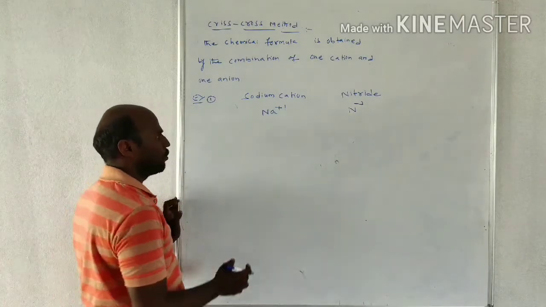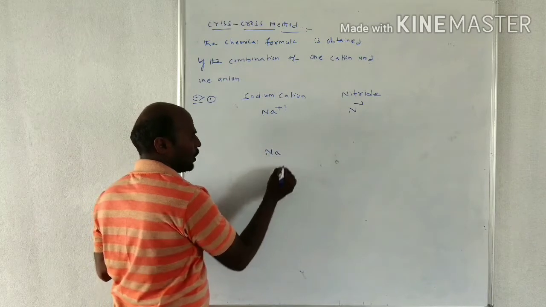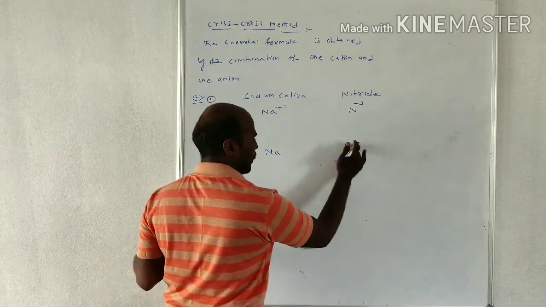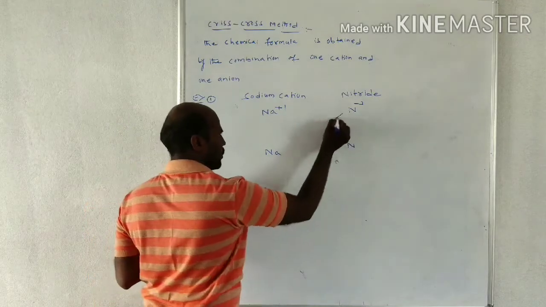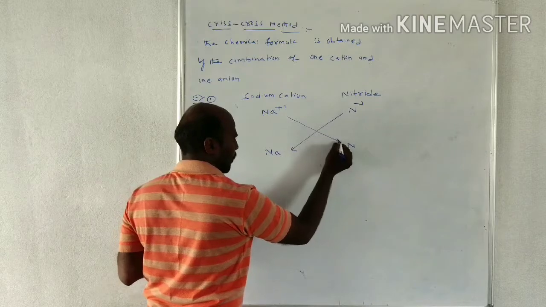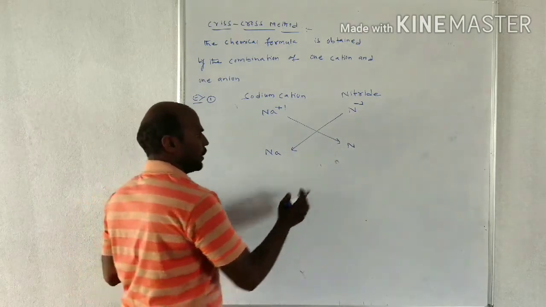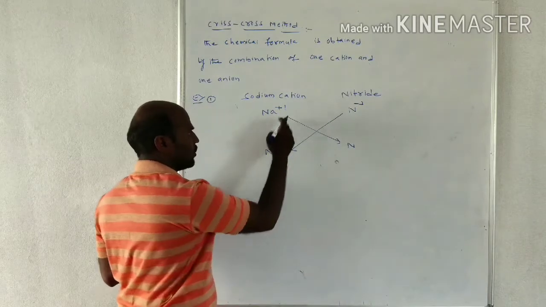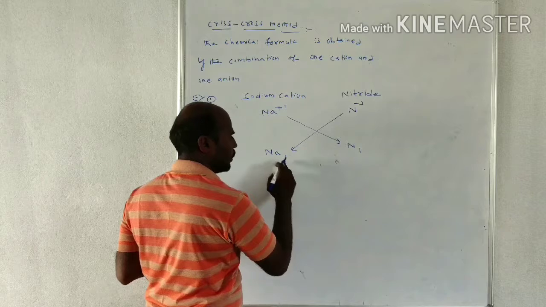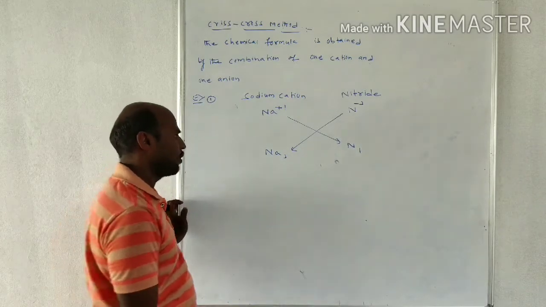We write Na as usual, and N as usual. We draw the cross mark and exchange the charges without the sign. Here the charge is 3, here the charge is 1. These two numbers are not the same, so we cannot cancel them.